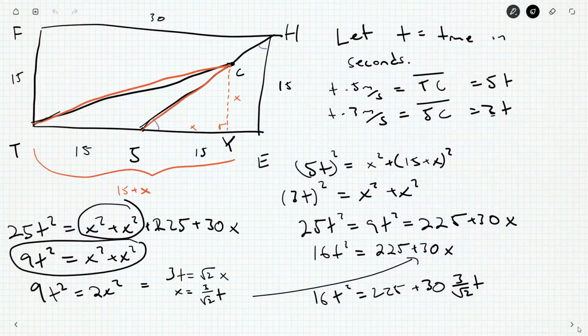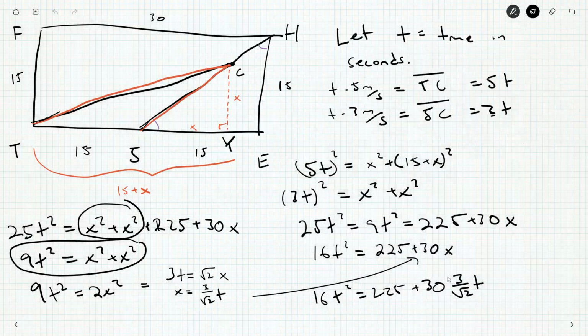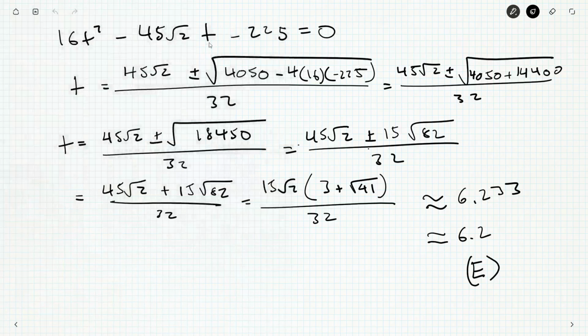Yep. Okay, so plug that in. 3 over root 2 times 30 is 90 over root 2. 45 times 2 over root 2, 45 root 2. That one's subtracted, and then the quadratic formula takes us away. Okay. I double-checked my work.